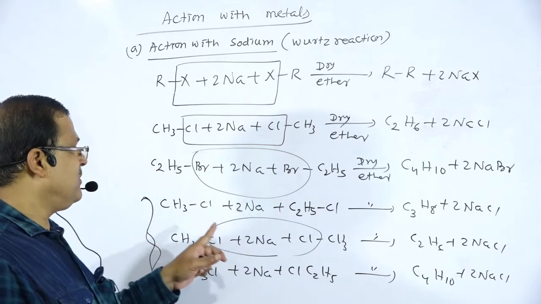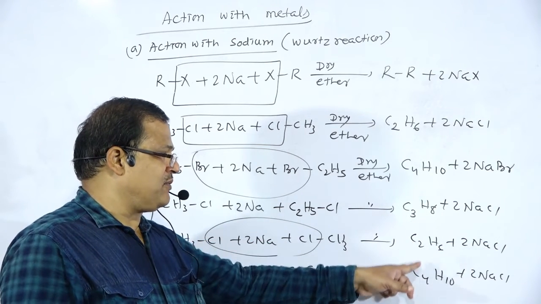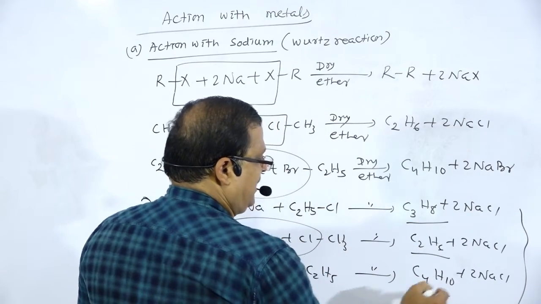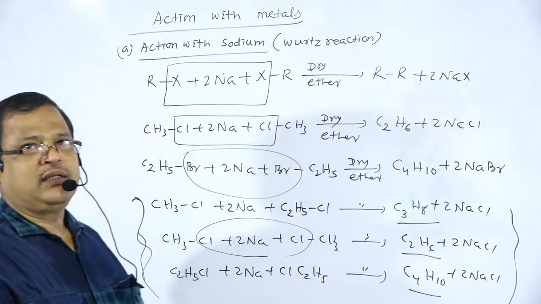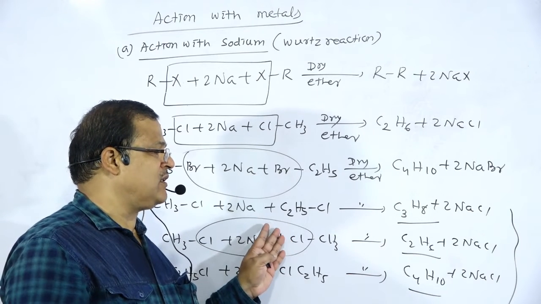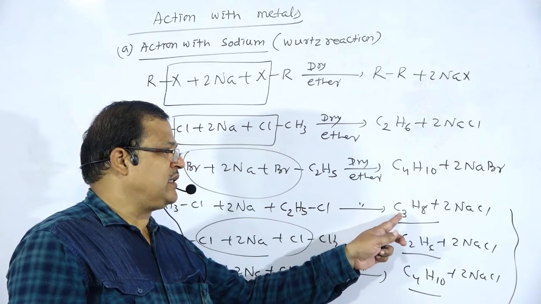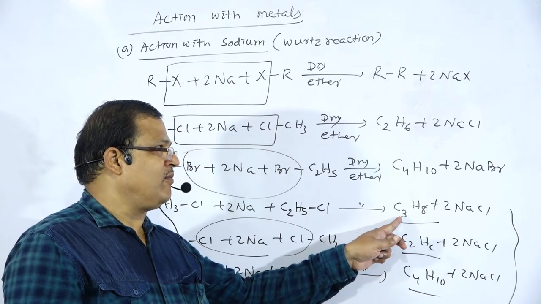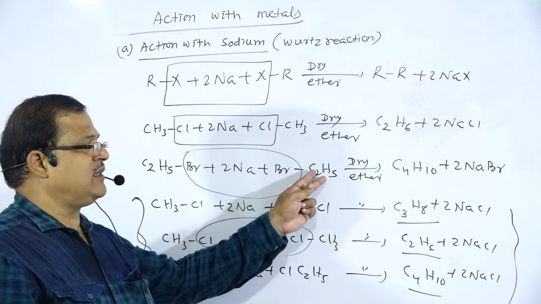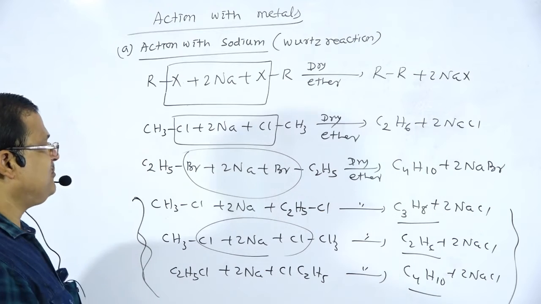So this mixture of alkanes is difficult to separate. Therefore, this is not a suitable method for the preparation of alkanes with an odd number of carbon atoms. We have to take similar alkyl halides to form an alkane with double the number of carbon atoms, and methane cannot be prepared.